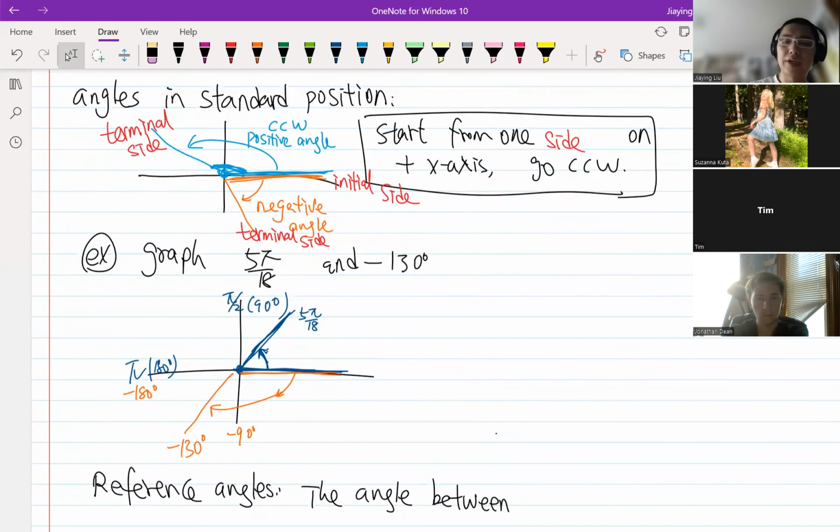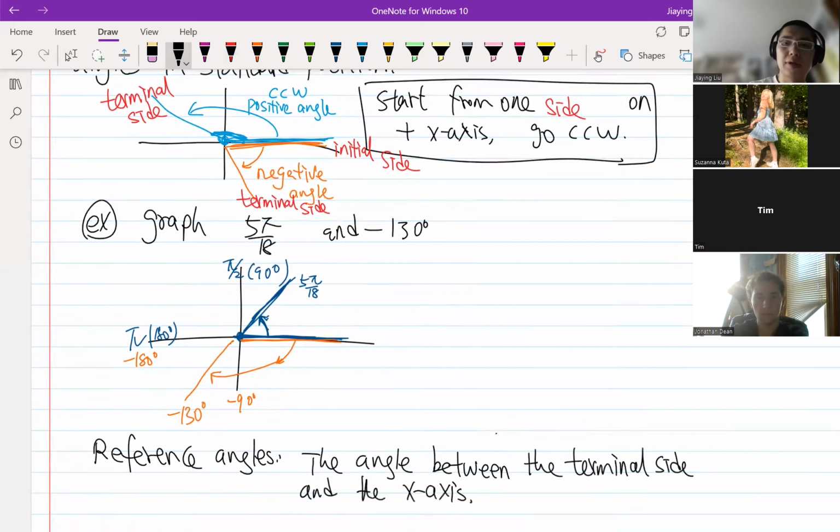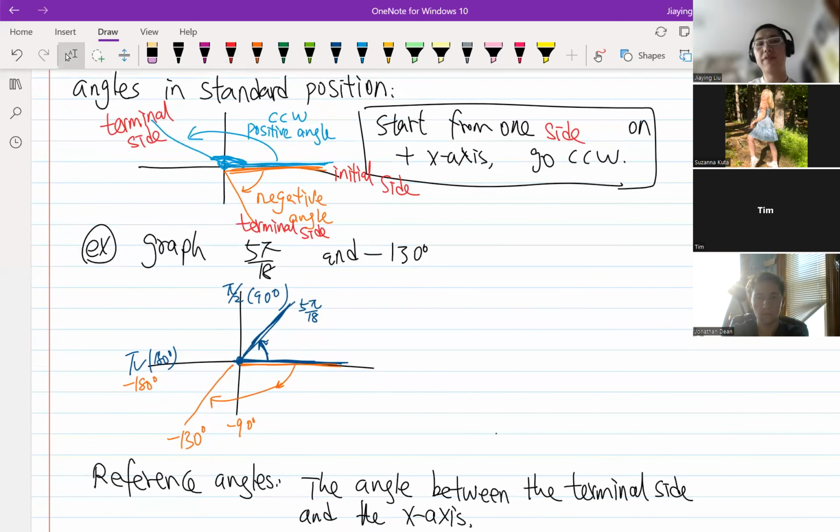So the reference angle is the angle between the terminal side and the x-axis. We take the terminal side of the angle in standard position, and we just create an angle using that terminal side and the x-axis. It's just the closest side of the x-axis.